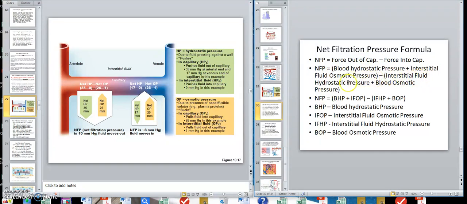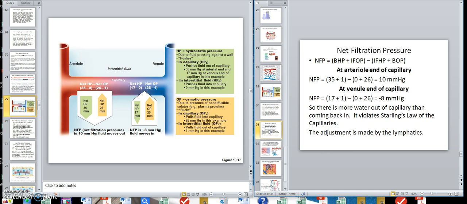Minus the interstitial fluid hydrostatic pressure, push in, fluid outside the vessel pushing in, plus the blood osmotic pressure, which is a sucking pressure pulling you back in. So using symbology, NFP would equal BHP plus IFOP minus this. You can see here. Now, let's use some numbers from that text.